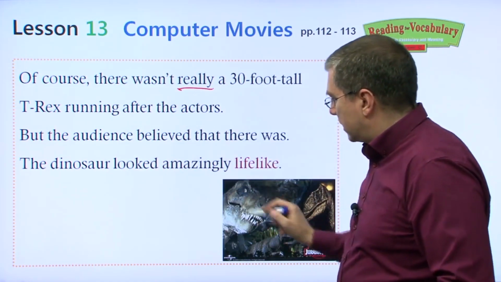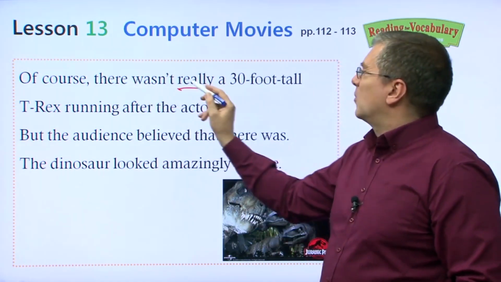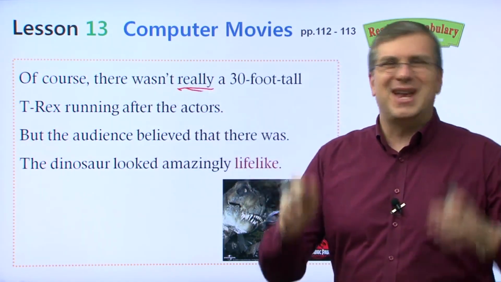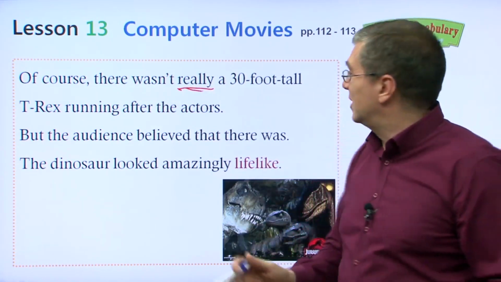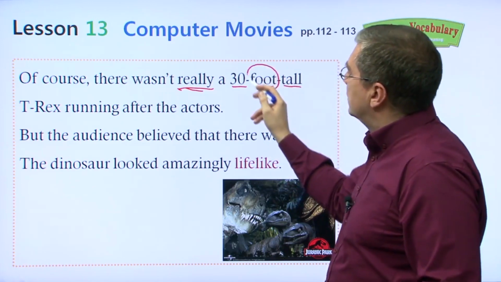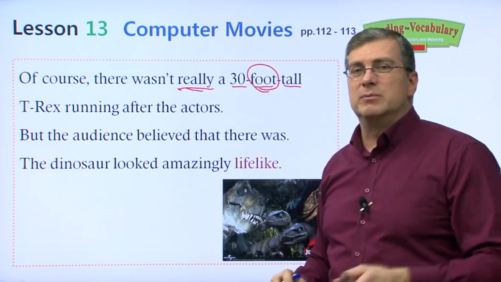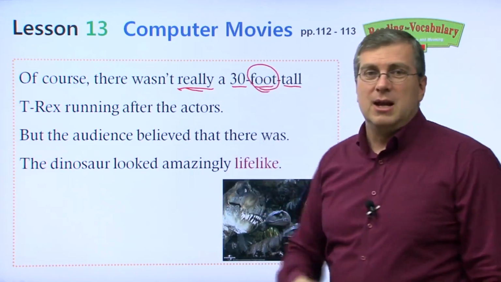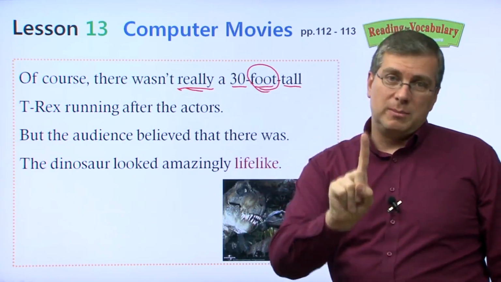And there's our T-Rex right there. Okay, so of course there wasn't really. It's not true. It's not a real situation. There wasn't really a 30-foot tall dinosaur. Now, of course, Americans use feet. I'm sorry about that. You guys use meters. How many meters is that? Well, there are 3 feet in 1 meter.